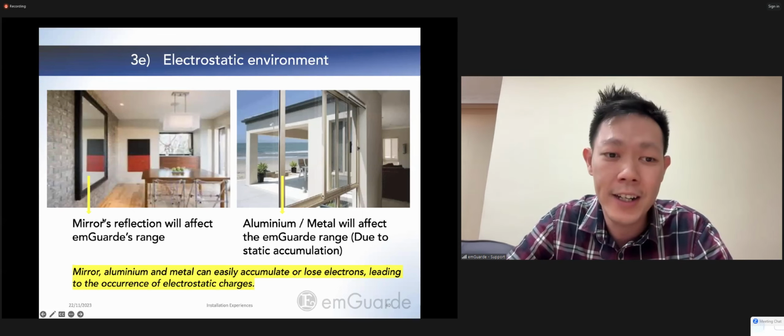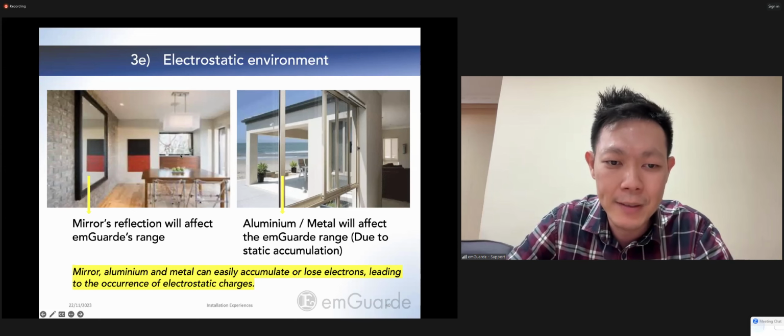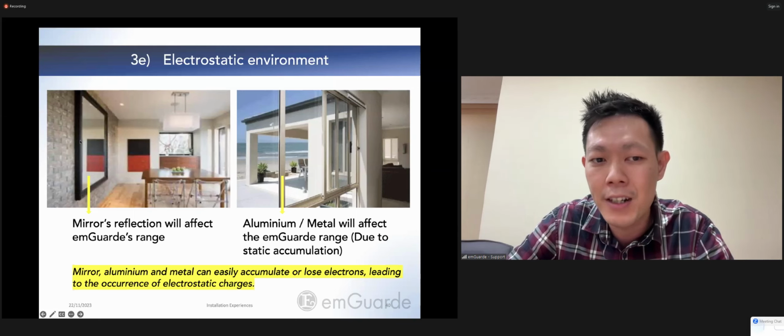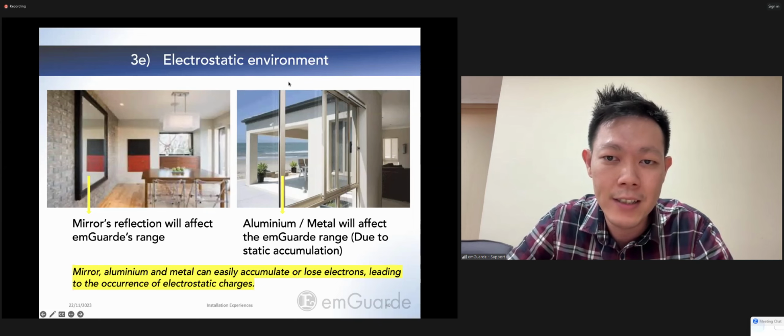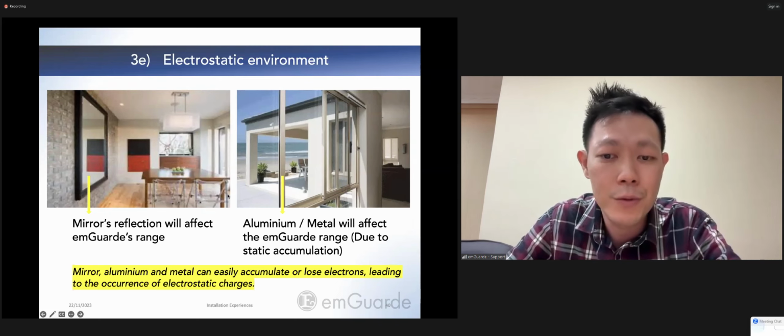The first one is the mirror reflection. If the emGuarde is installed on the table, maybe the area behind the mirror may not be covered, due to some reflective material of the glass mirror. The second one is aluminum or metal. It will affect emGuarde's range as well.